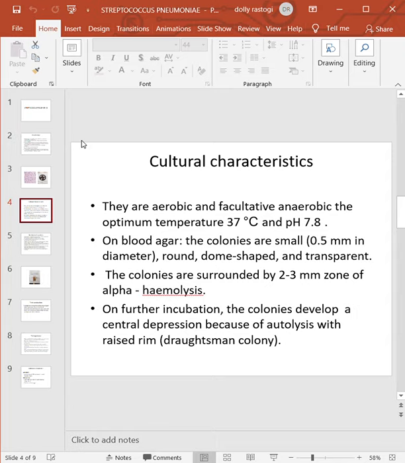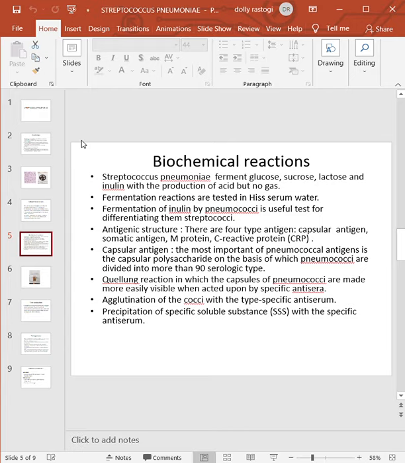Biochemical reactions include: the pneumococci generally ferment several sugars, forming acid only. The fermentation is tested in Hiss serum water or serum agar slopes.